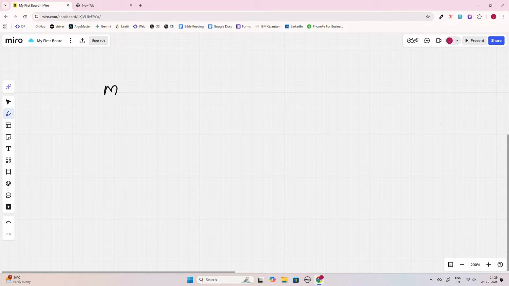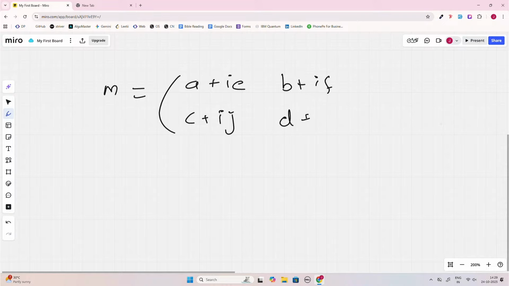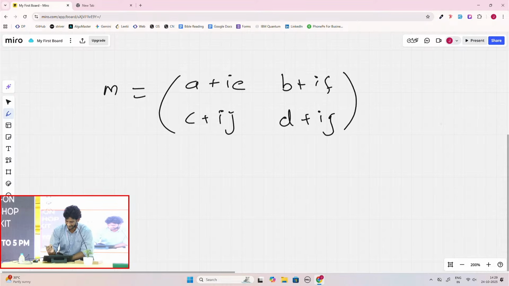So just create a random matrix, whatever matrix you want. I'll make it like this: A plus I, A, B, C, D, B plus I, E, F. Okay, whatever. So let us consider this is a random matrix.